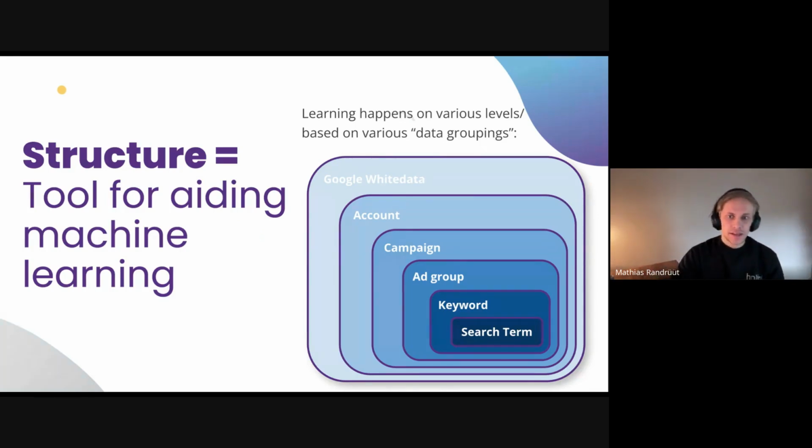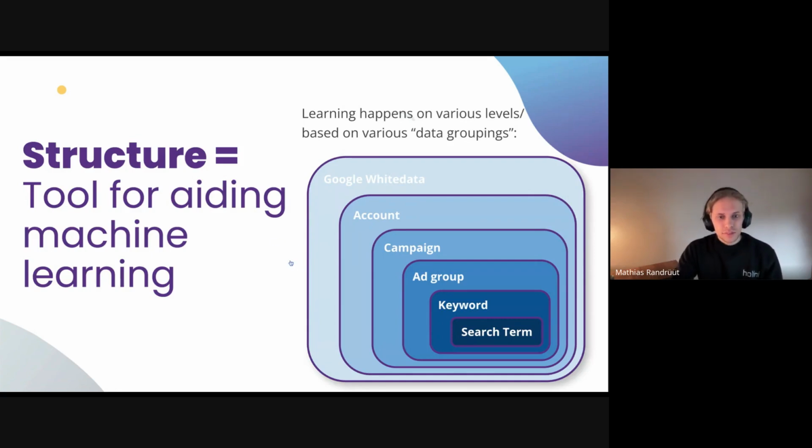At the campaign and ad group levels, it assesses based on the specific campaign or ad group behavior, how the users are behaving inside that campaign or ad group. And on the keyword and search term levels, it learns which queries drive the most clicks and conversions, basically, and how I should bid on them.